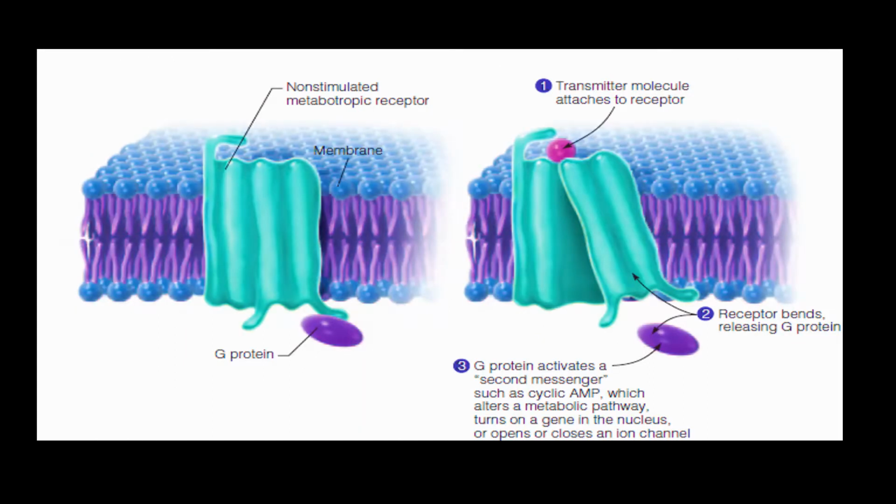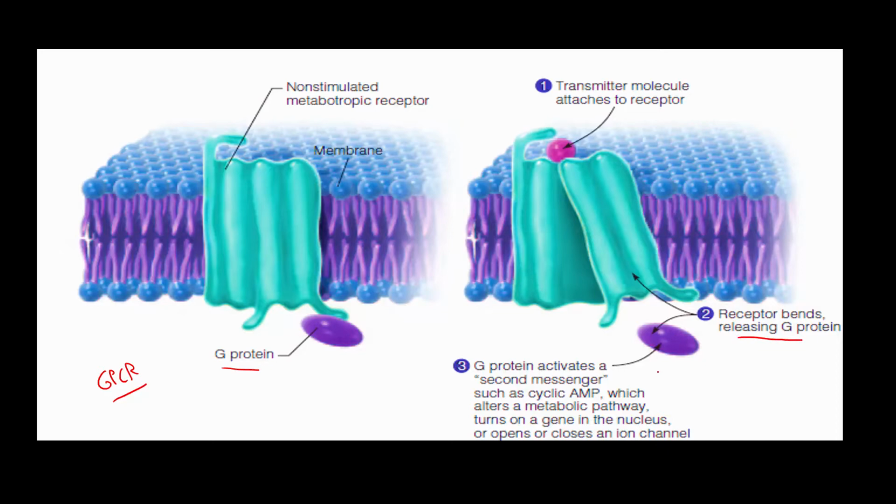Just one last cartoon from your book showing you what a metabotropic receptor does. This is a G protein, so you know that this is a GPCR, G protein coupled receptor. Here we are at rest. I've got my membrane. I've got my receptor molecule just hanging out here doing nothing. When neurotransmitter attaches and binds, it changes the shape. When it changes the shape, that's going to release the G protein.